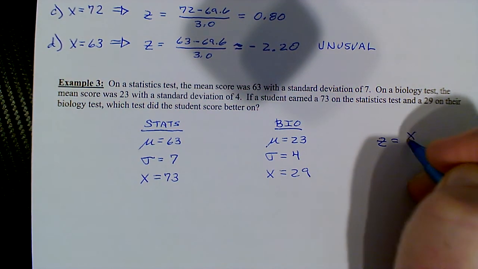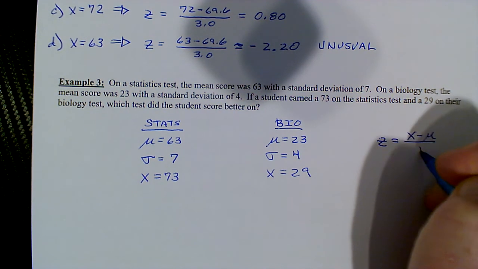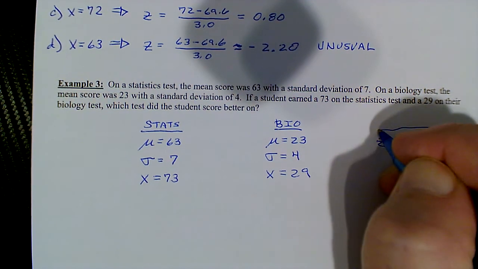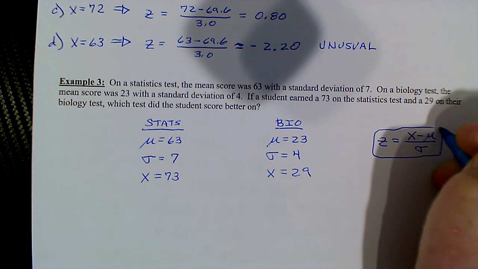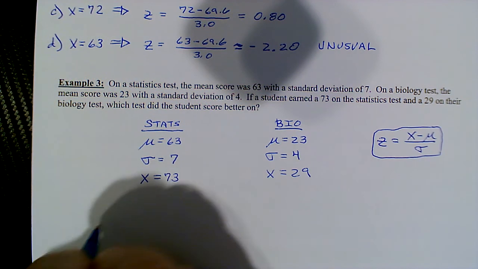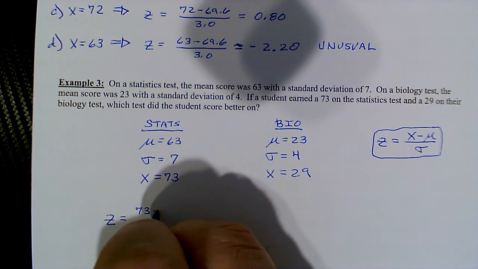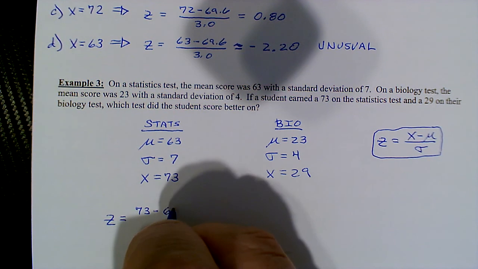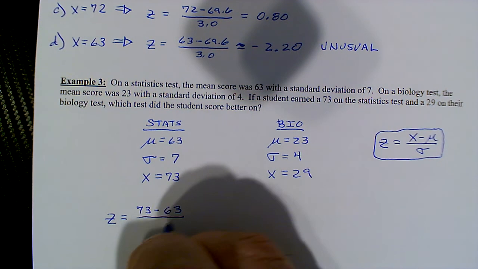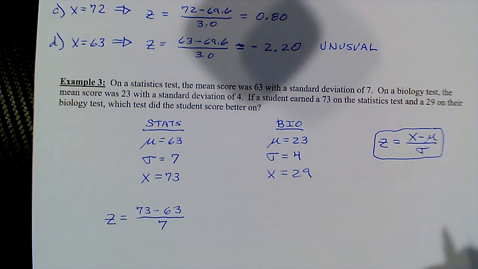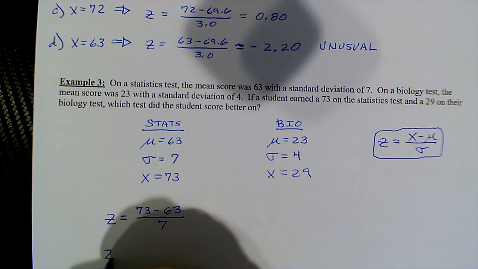So for statistics, we have 73 is x minus mu 63 over sigma, which is 7. That gives us about 1.43. Again, you want to round to 2 decimal places, nearest hundredth.